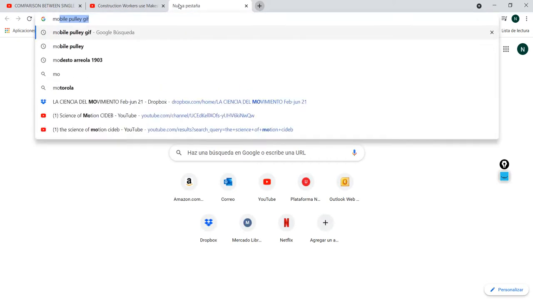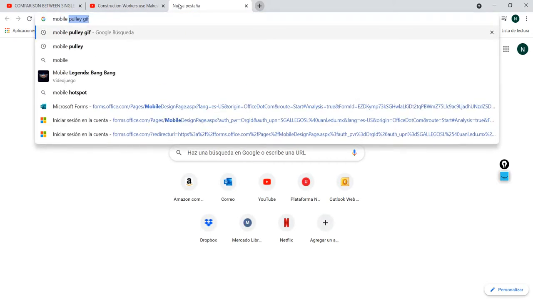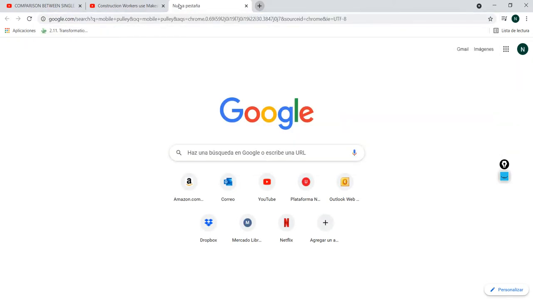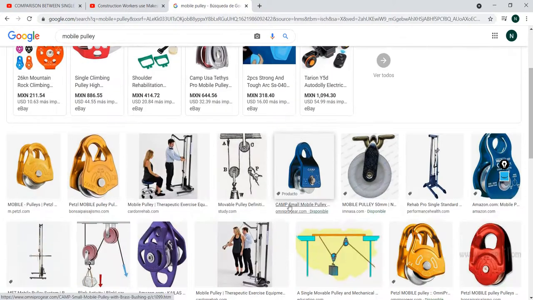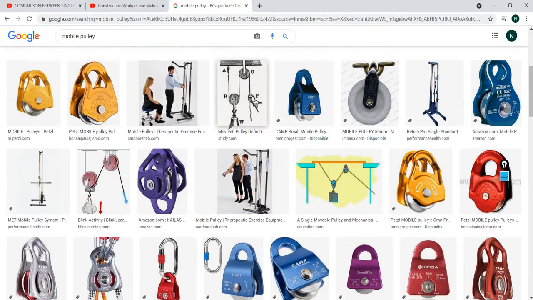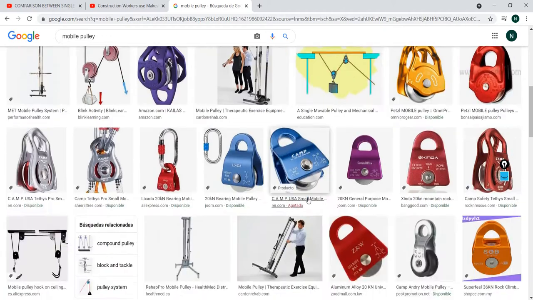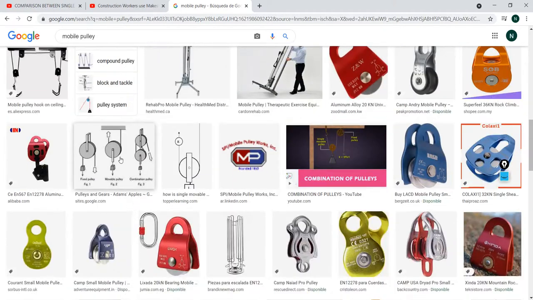Let me show you. There are many types of configurations. For example, look at this. This is also a movable pulley, but you can see that there are two pulleys. Same in here. Look at this configuration.